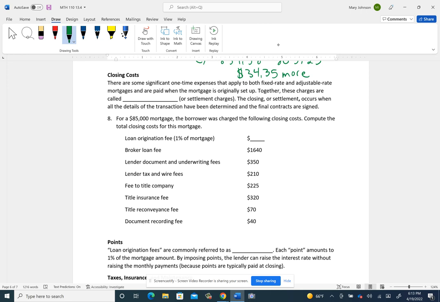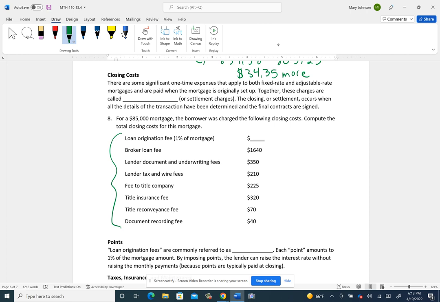All right, and what's going to happen is all these various things are going to be paid for, like they do a title search to make sure no one else owns a piece of your property. Okay, and then you have to pay the title company, and then there's going to be fees for them doing the document and doing the research and all that kind of thing.